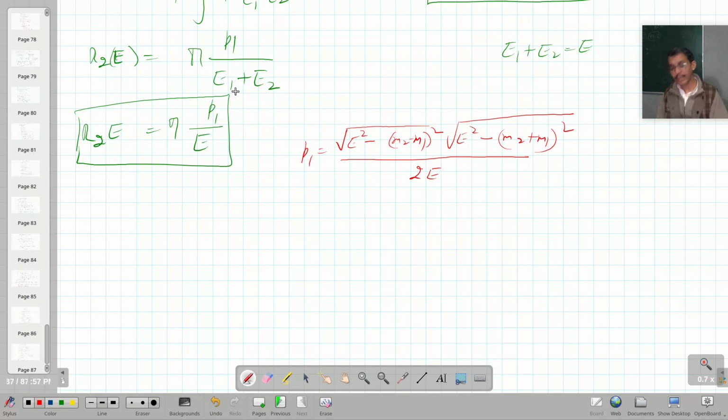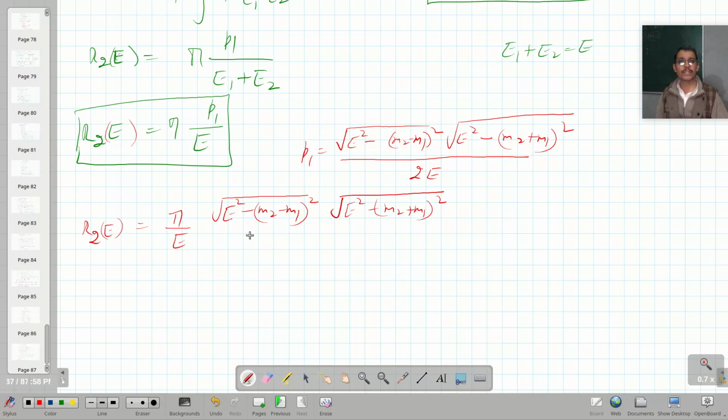If I put this value here, then R2E can be written as pi over E into its value, so it is under the root (E square minus (m2 minus m1) whole square), under the root (E square minus (m2 plus m1) its square), whole divided by twice of E.